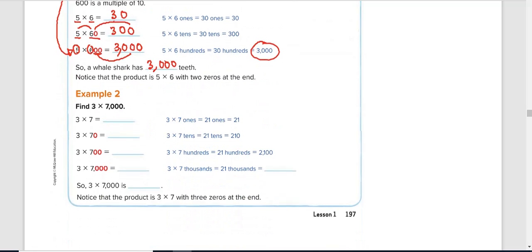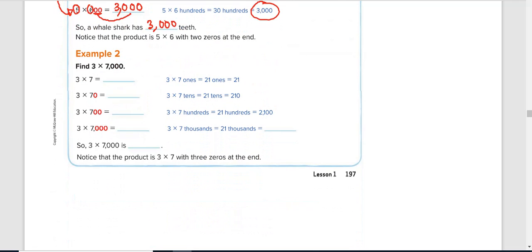Alright, example 2. The goal is to look for 3 times 7000. You come to the back here, you see that? 3 times 7000. I need to know what 3 times 7 is, and that is 21. And at the back of 7000, I have 3 zeros, so put the 3 zeros.